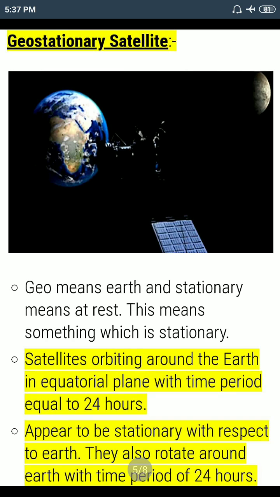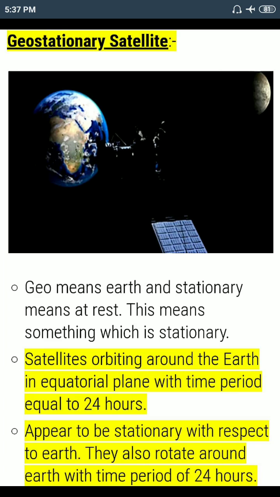Next is geostationary satellite. What is the meaning of geo? Geo means earth, stationary means at rest. So a satellite orbiting around the earth in an equatorial plane with a time period equal to 24 hours, with the same speed as that of the earth.